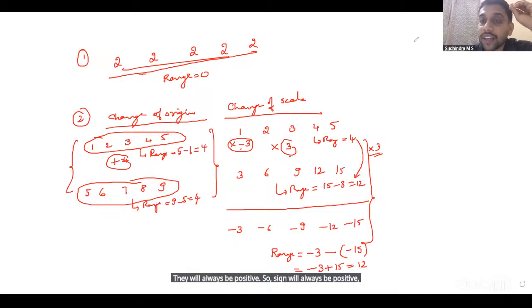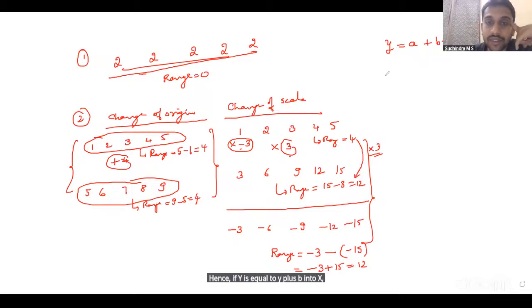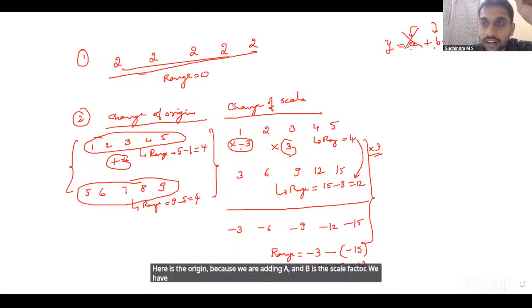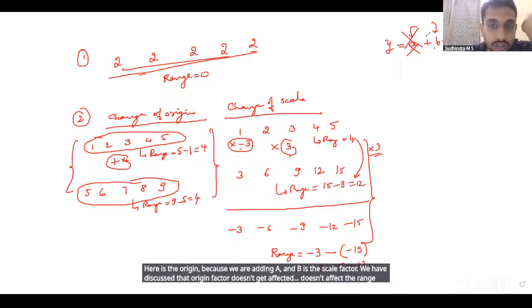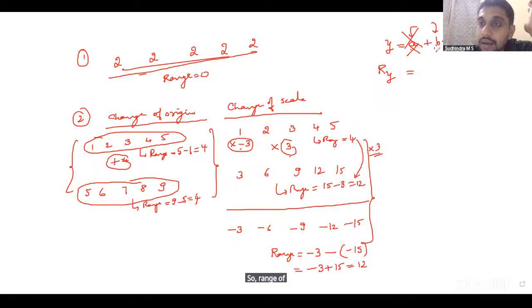Hence, if y is equal to a plus b into x, what is the origin factor, a or b? A is the origin because we are adding a, and b is the scale factor. We have discussed that the origin factor doesn't affect the range value. So range of y will be b into range of x.